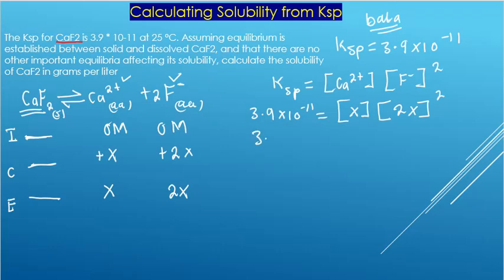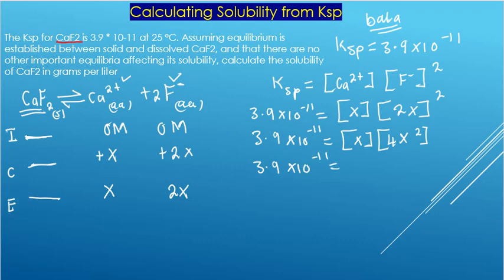Then you have your 3.9 multiplied by 10 to the power negative 11 equal to, okay, if we do our mathematics very well, we're going to have a 4 then x to the power 2. And of course, we have 3.9 multiplied by 10 to the power negative 11 equal to 4x to the power 3.